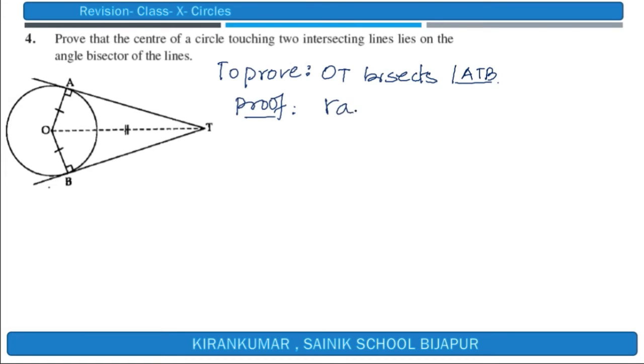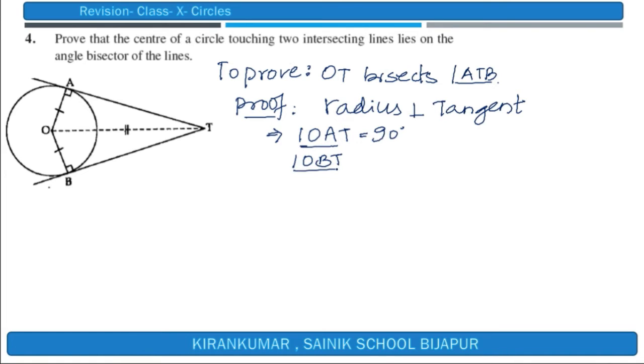Since the radius is perpendicular to the tangent, we have angle OAT equal to 90 degrees and angle OBT is also 90 degrees.